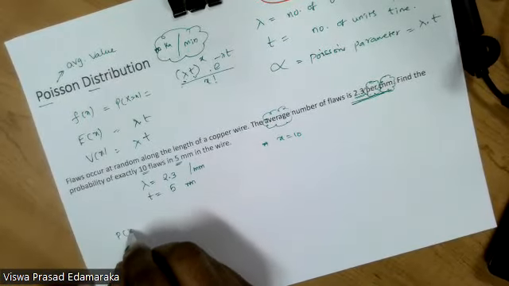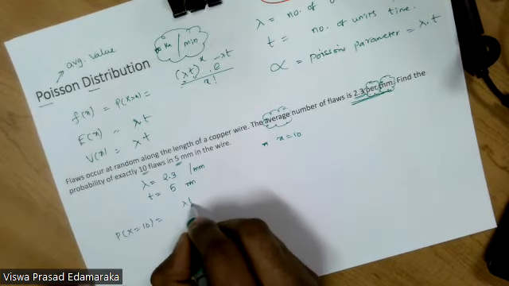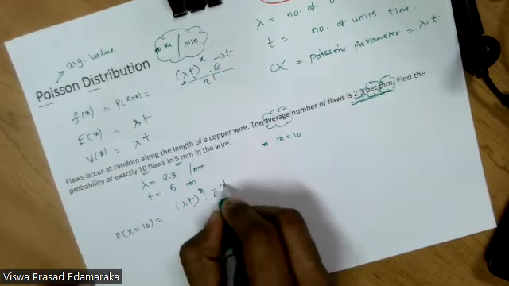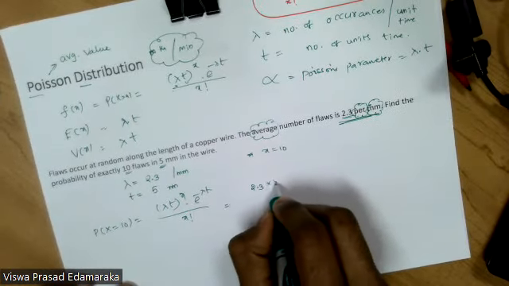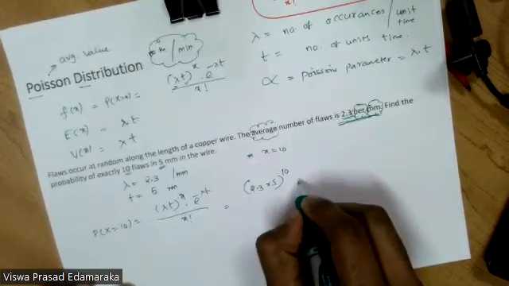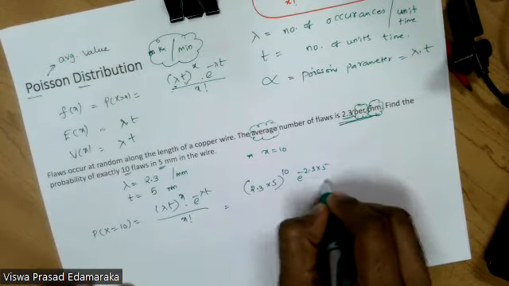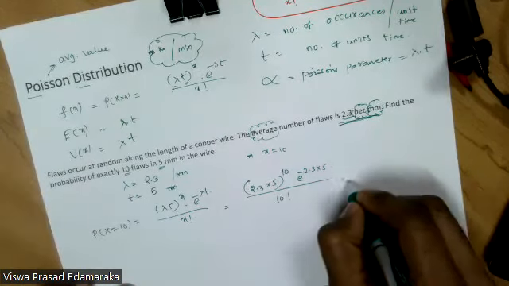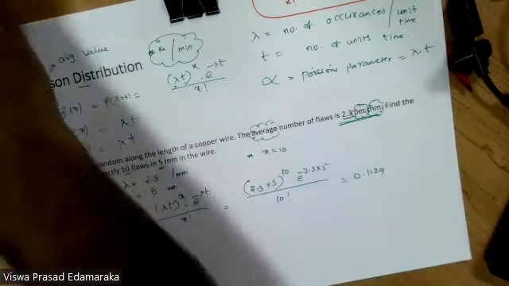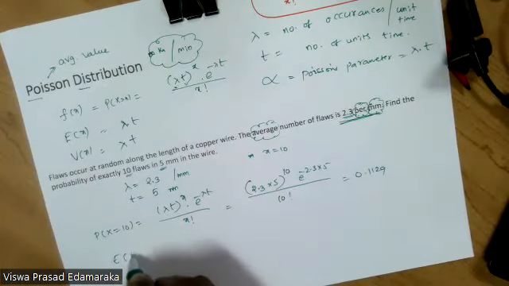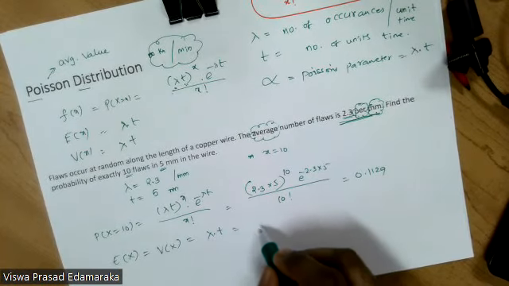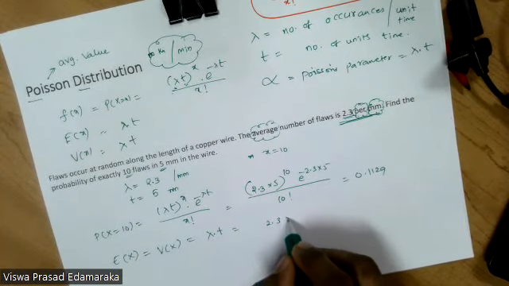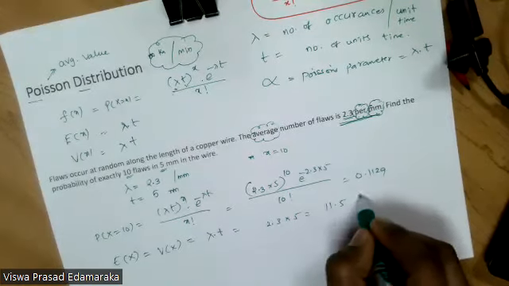We know that P of x equals 10 is lambda t power x e power of minus lambda t by x factorial, that is 2.3 into 5 power 10, e power of minus 2.3 into 5, whole divided by 10 factorial, which equals 0.1129. We know that expectation of x and variance of x are both the same, that is lambda into t. What is lambda? 2.3 into 5, you'll get 11.5.